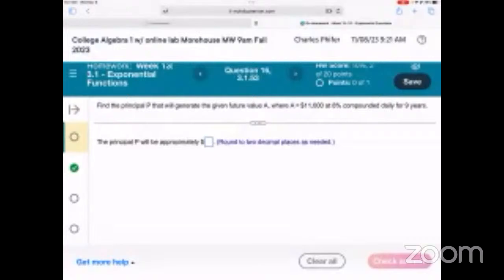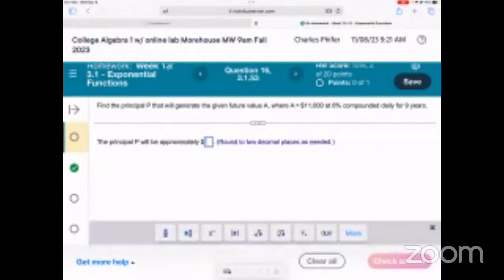Find a principal that would generate this future value, where the future value is 11,000 at 8% compounded daily for 9 years. Okay, so we're doing compound interest. I could write it here, but I'm being a little bit lazy. I think it'll be okay though.